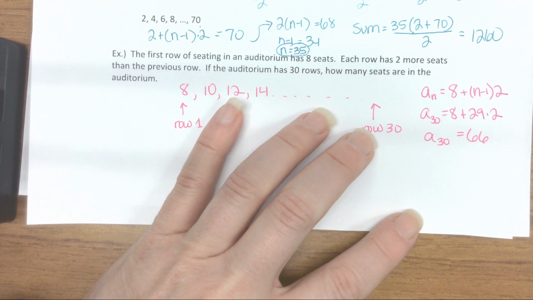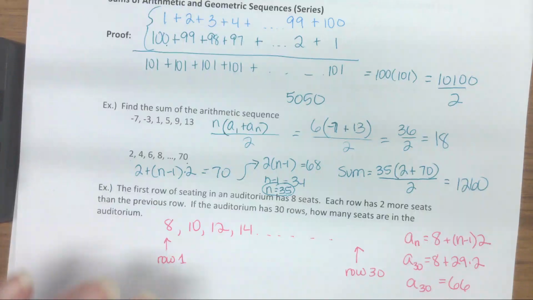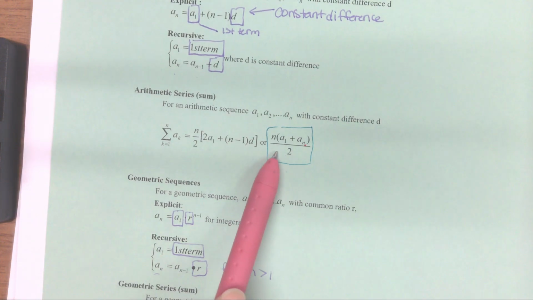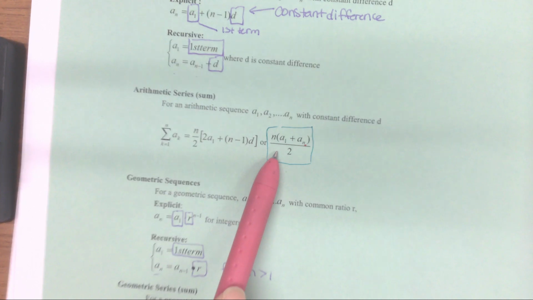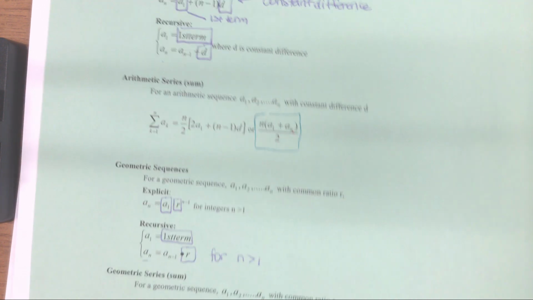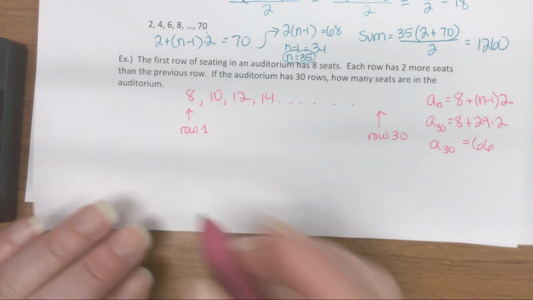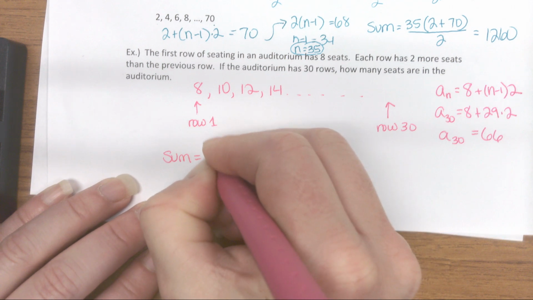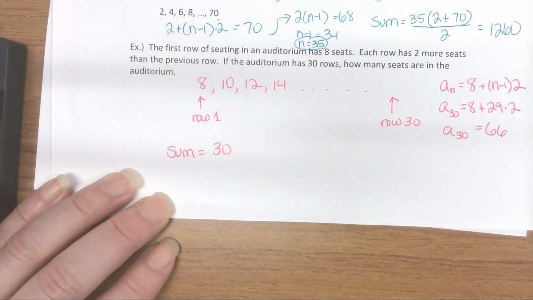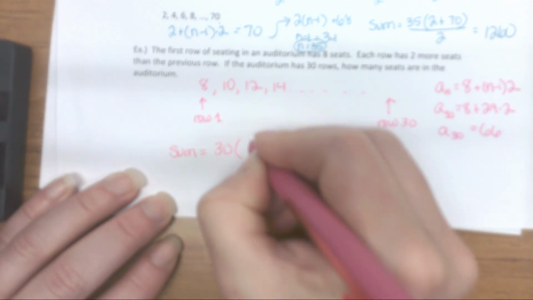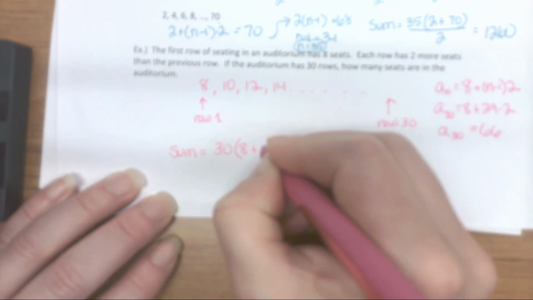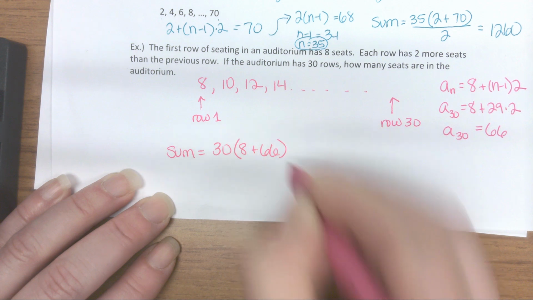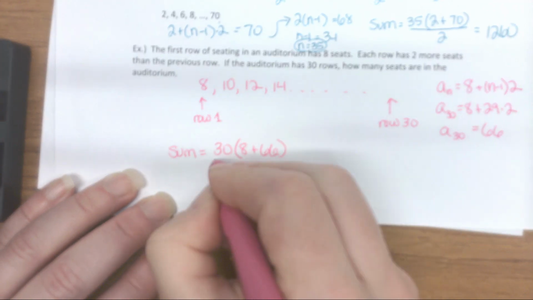So now I am going to use my sum formula from the green sheet, and I have that the sum equals the number of terms, which is 30, times the quantity of the first plus the last term, which is 8 plus 66, divided by 2.